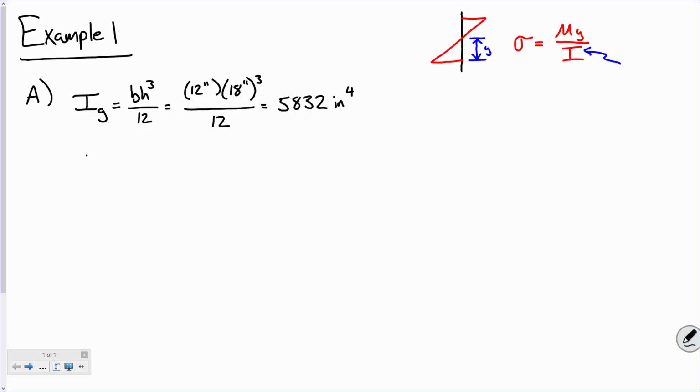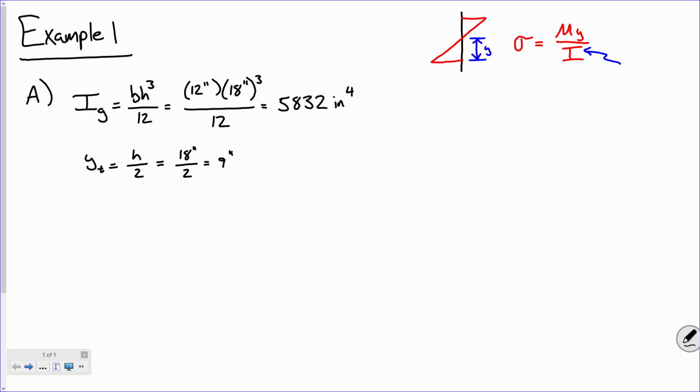Well, we'll use the consistent notation, y sub t, which is h over 2. Is that a fair statement? All right, so far so good.